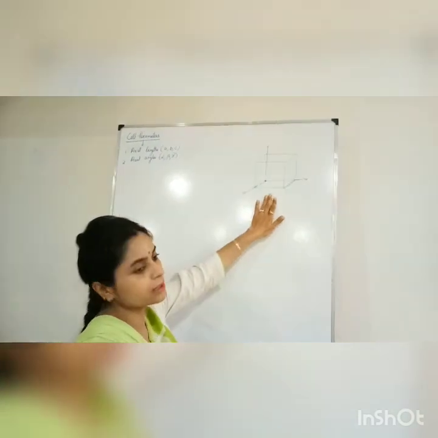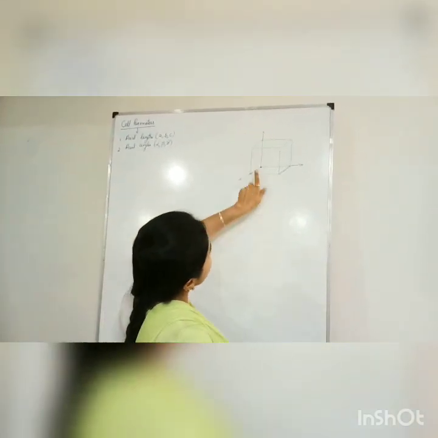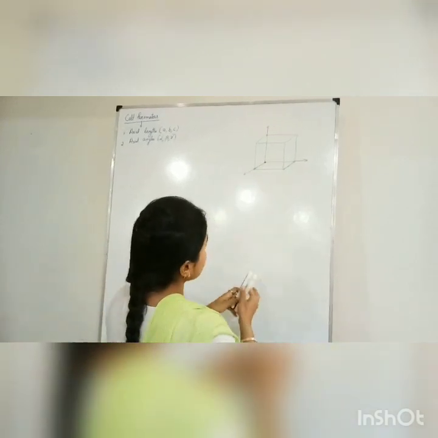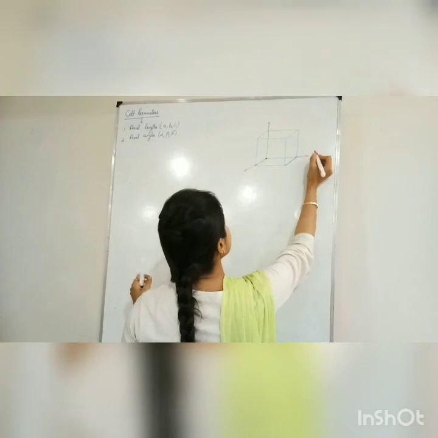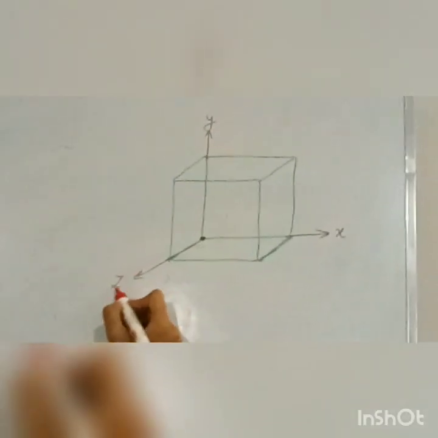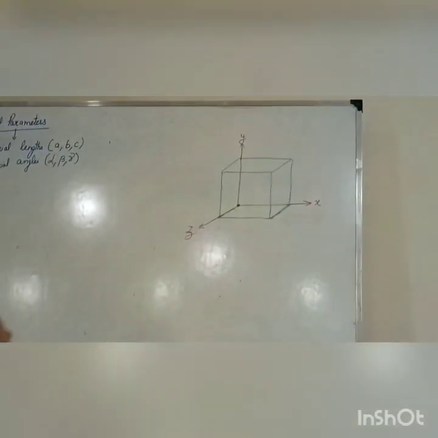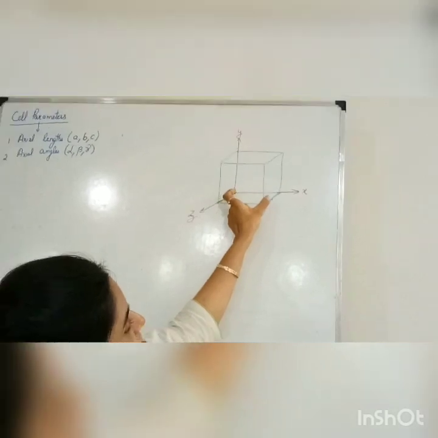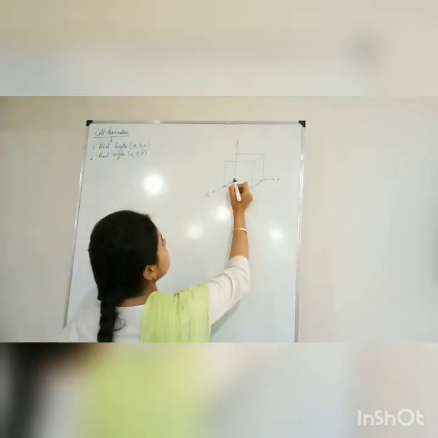If we have a simple unit cell like this, then suppose this is the x-axis, y-axis and z-axis. The part of the x-axis covered by a particular unit cell is this part.